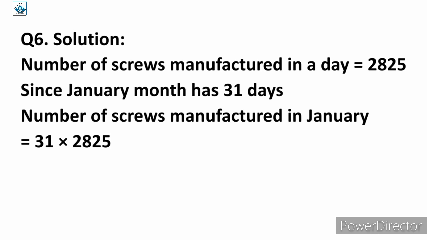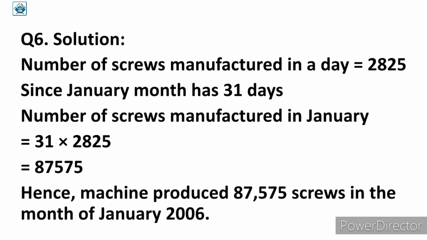Now when you multiply these two, you will get the answer as 87,575. Hence, machine produced 87,575 screws in the month of January 2006. So in this way, you need to write the solution in your notebook.